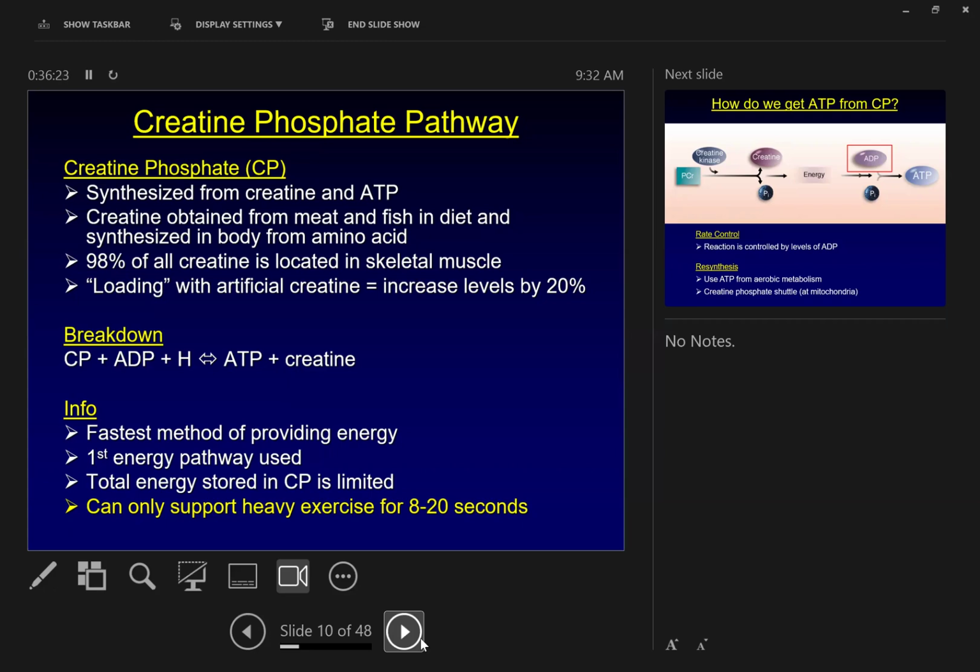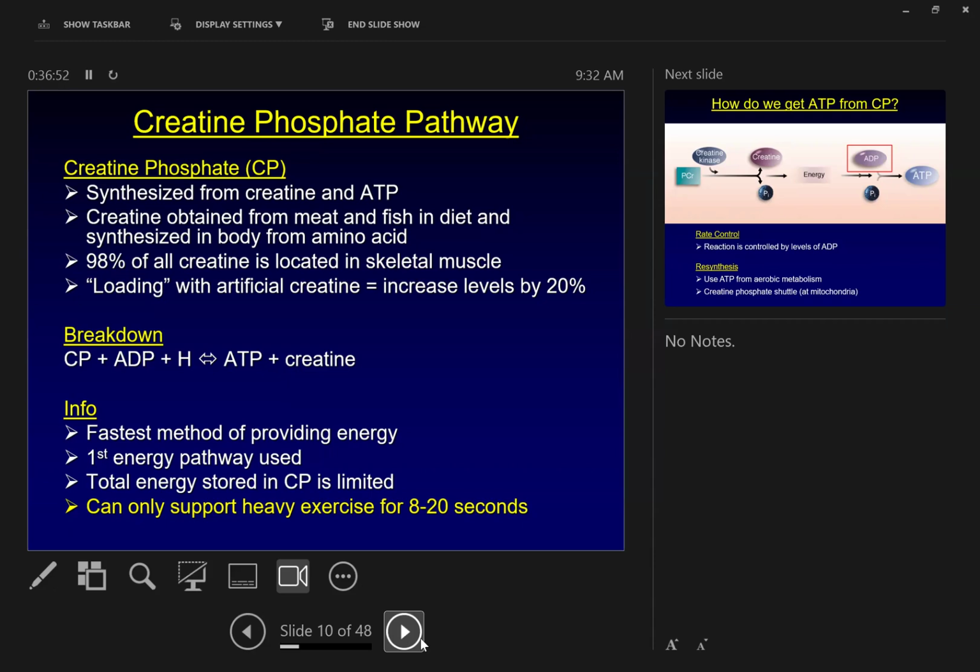When you have ADP and creatine phosphate and they bump into each other in the presence of an enzyme called creatine kinase that drives this reaction, you pull the phosphate off of the creatine phosphate, you hook it onto ADP, and you make ATP and creatine. It's a simple one-step reaction driven by one enzyme.